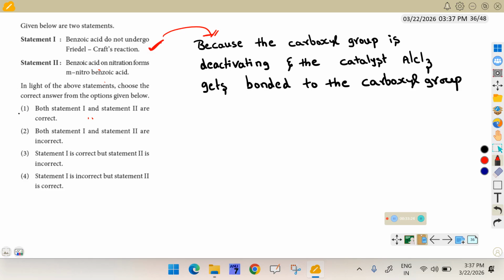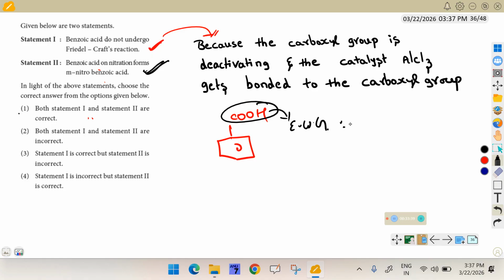Statement 1 is correct. Benzoic acid is C6H5COOH. We know that the COOH group is an electron withdrawing group. Electron withdrawing groups are meta-directing groups.